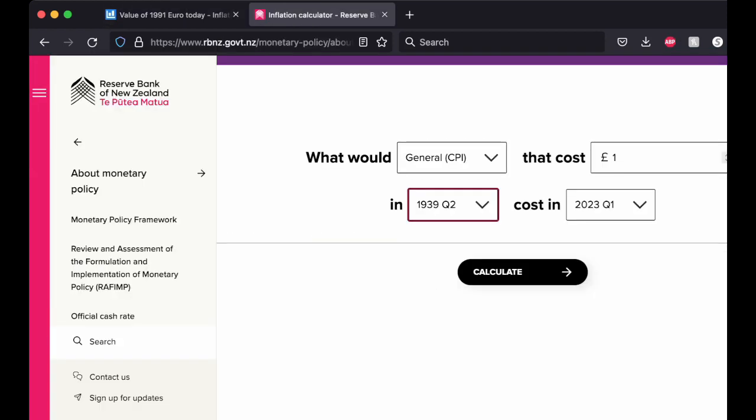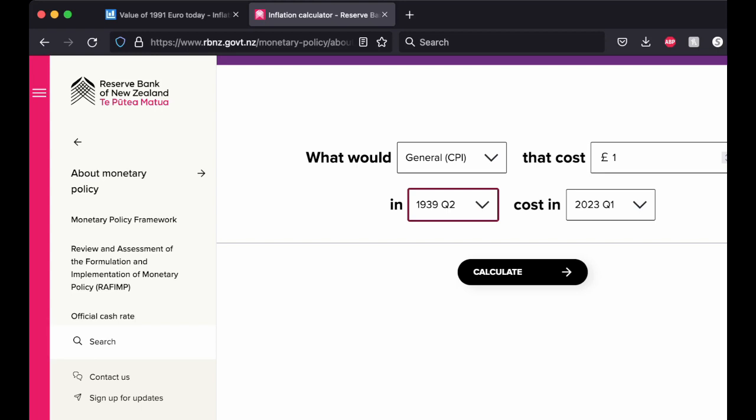Okay, now let's go to New Zealand. One thing in New Zealand, I think it was in 1969, they changed from the pound and shilling to the New Zealand dollar. So that's why you'll see the different symbols.